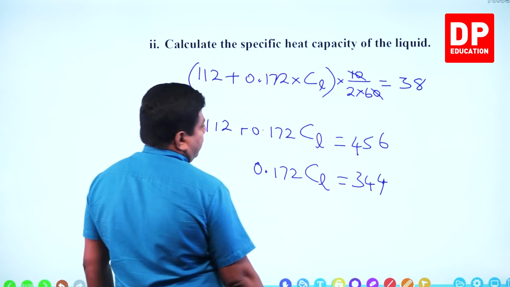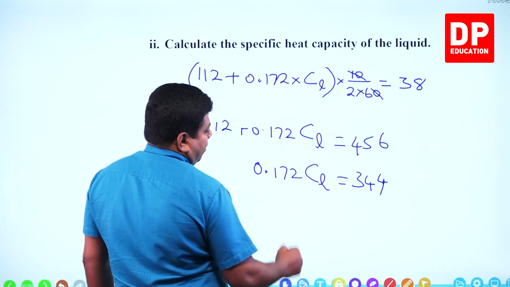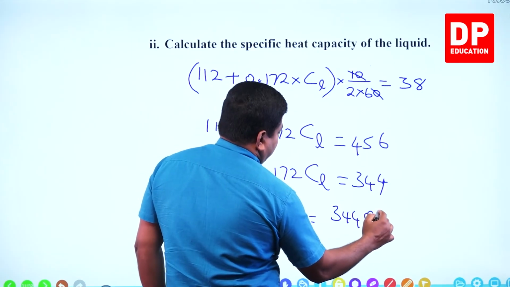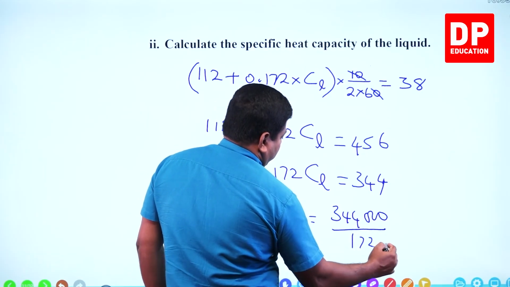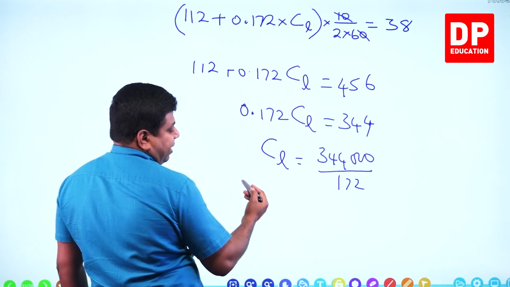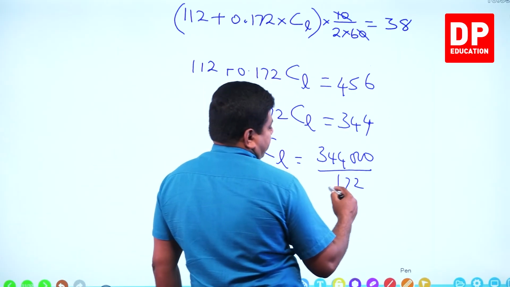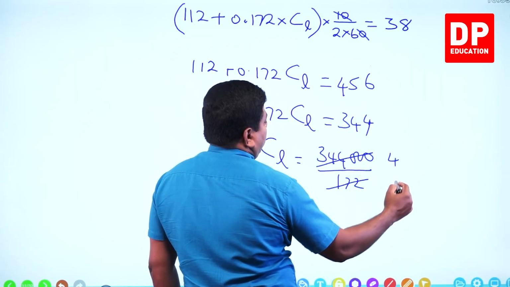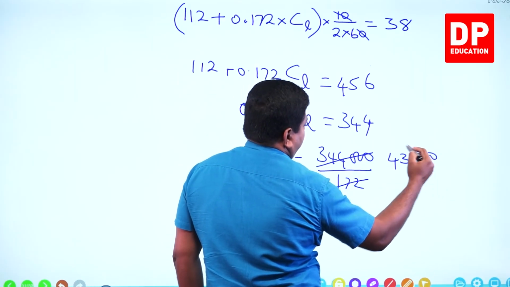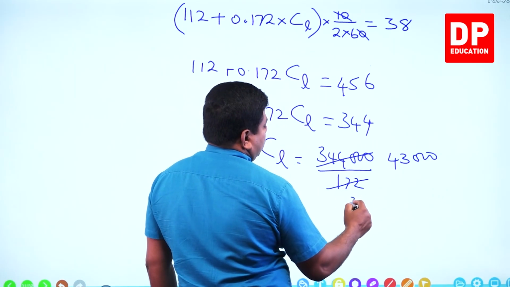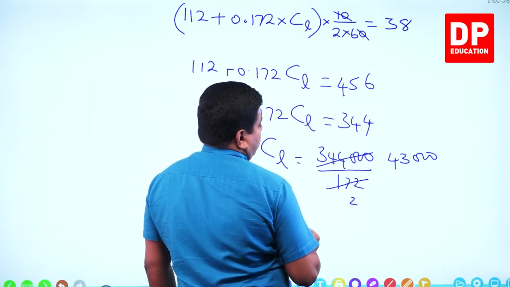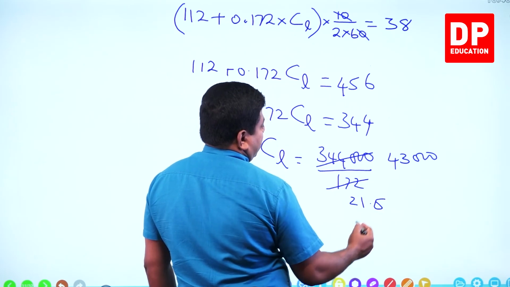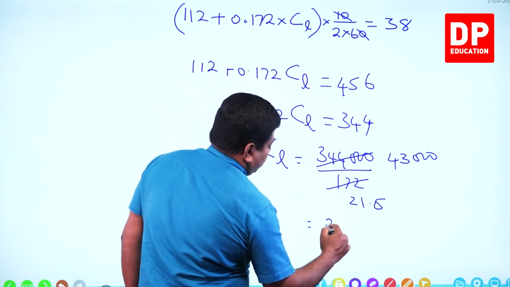Cl is going to be 344 over 0.172. Let's divide and see. That cancels to 2000.